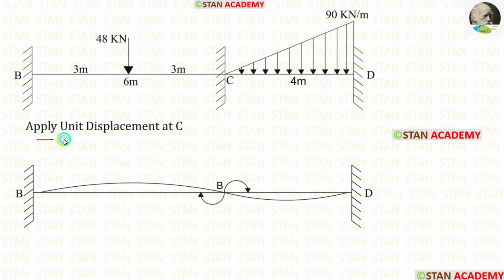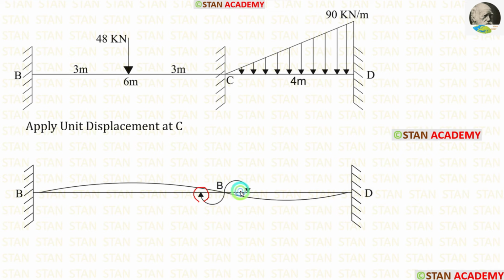We are applying unit displacement in the point C. Point C is a joint. It is connecting the spans CB and CD. So we have to make two clockwise curves. One curve towards the point B and one curve towards the point D.